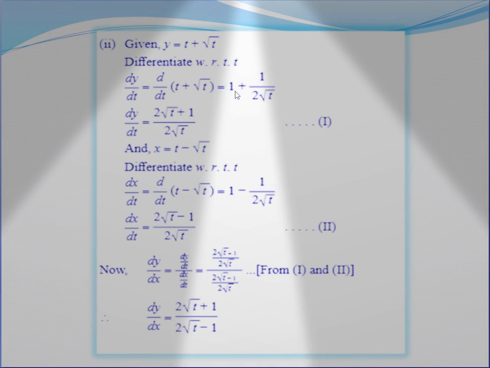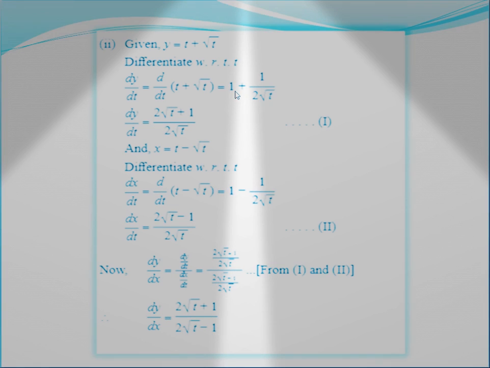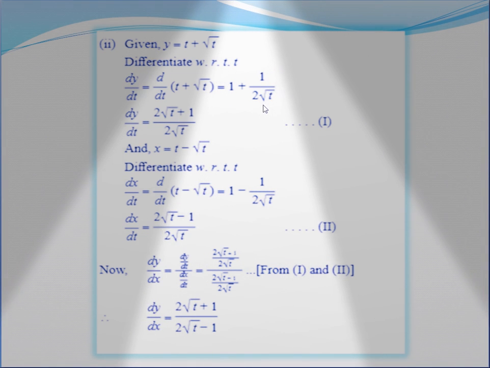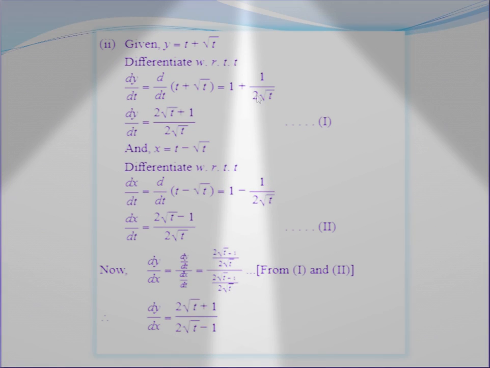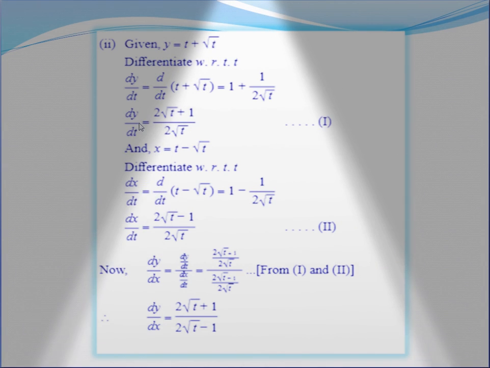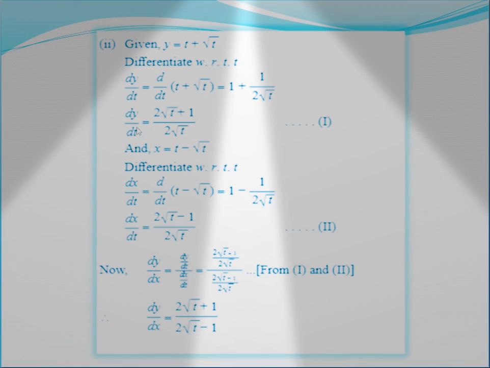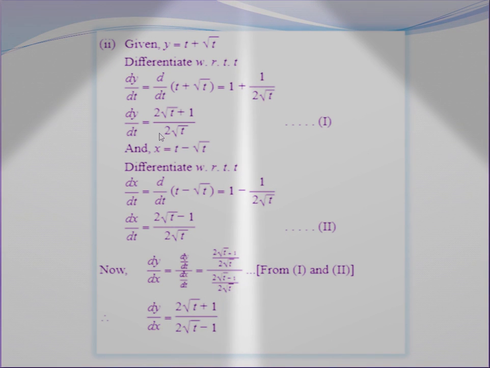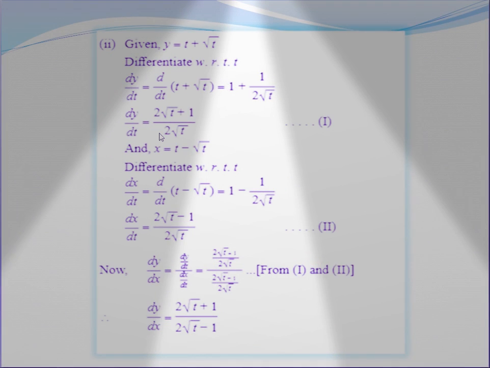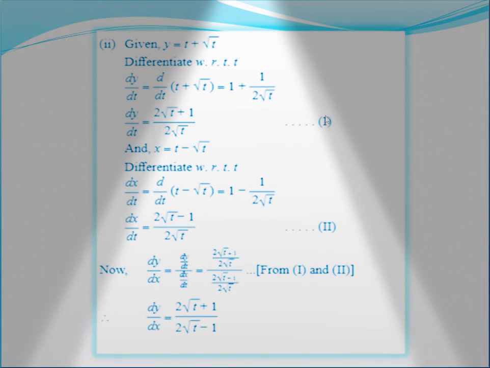The derivative of t is 1 plus the derivative of root t is 1 upon 2 into root t. By using the formula, the derivative of root x is 1 upon 2 into root x. Now taking the addition to the RHS, we get dy upon dt equal to 2 into root t plus 1 upon 2 into root t. Say this as the equation number first.